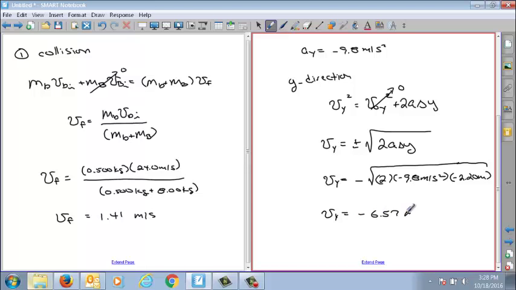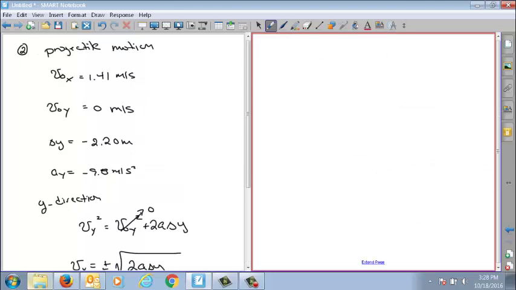6.57 meters per second. Then we can use the equation v sub y equals v0y plus a t to solve for t. Again, the initial y velocity is 0, so t is equal to v sub y divided by a.